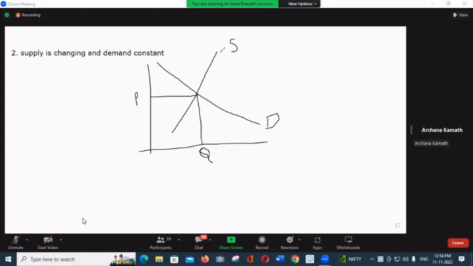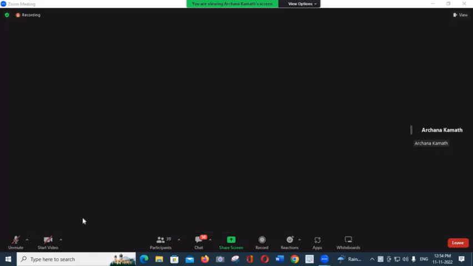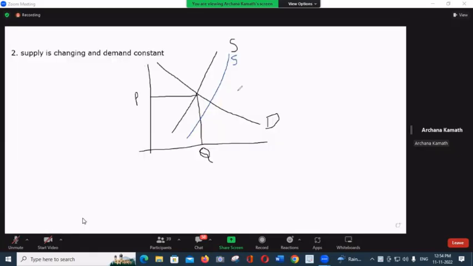Rightward shift of the supply curve, or downward shift of the supply curve, means there is more commodity being supplied in the market, maybe due to various reasons like government giving tax relaxation, or complementary prices having increased. This causes the supply curve to shift towards the right, causing you to have lesser equilibrium price and higher quantity.